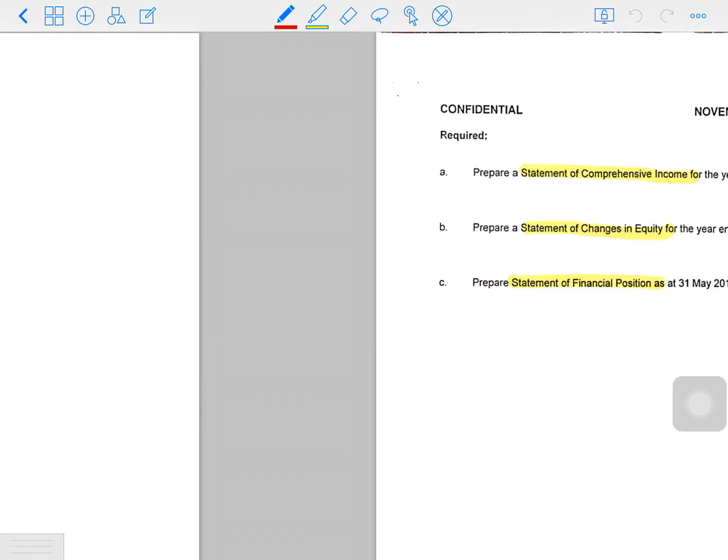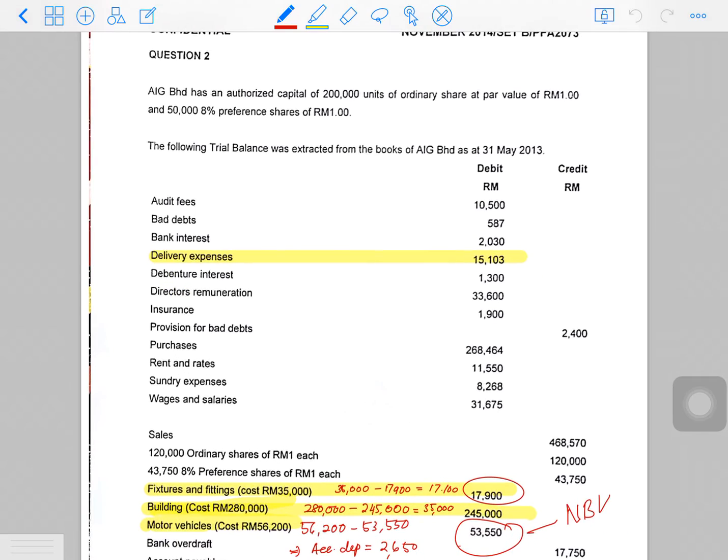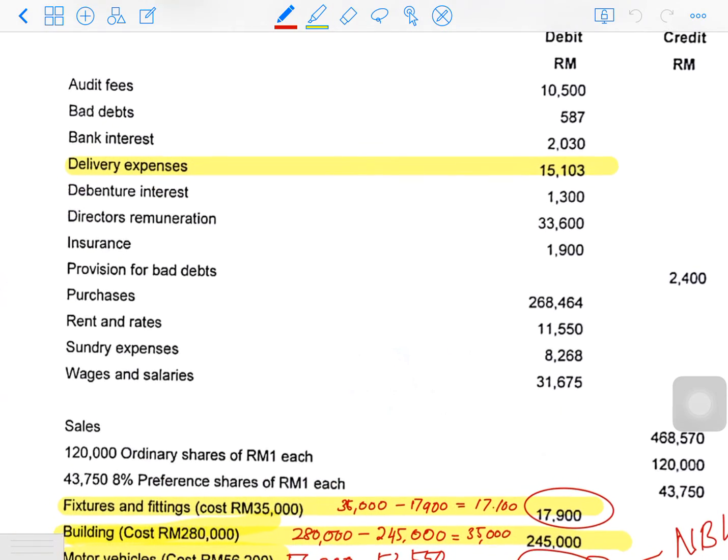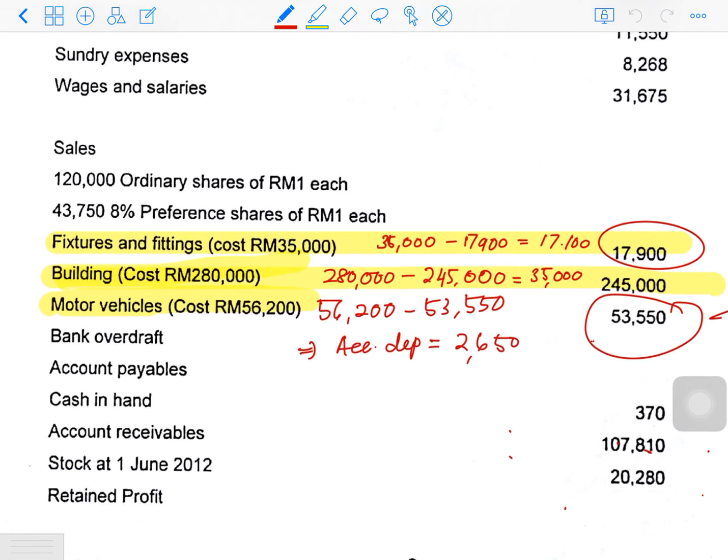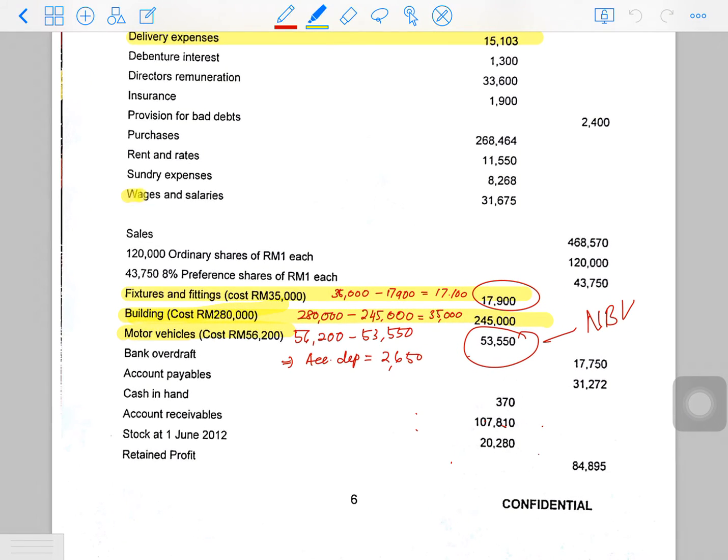If you look at your trial balance for wages and salaries, that is 31,675 plus accrued 4,200. So the total amount you will get is 35,875. This is under administrative expense.